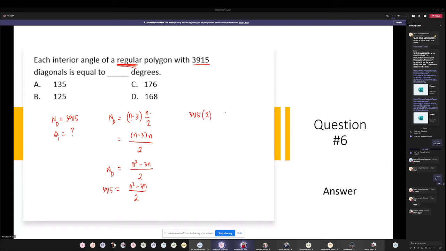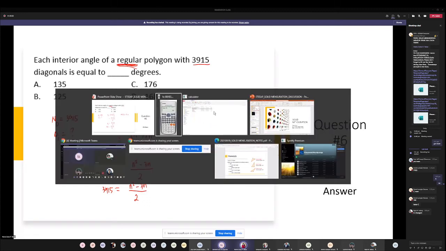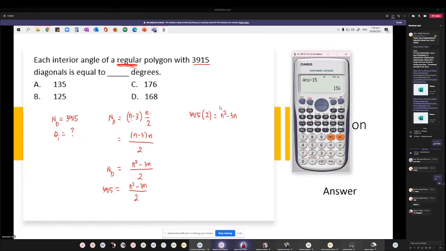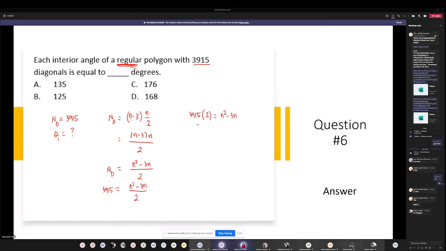On the right side, it's n squared minus 3n times 1, or n squared minus 3n. You can solve for 3915 times 2. Let's just use a calculator so that our answer is really correct. 7,830. So 7,830 is equal to n squared minus 3n.